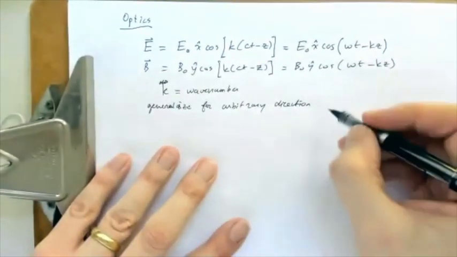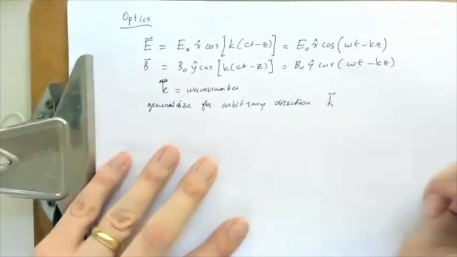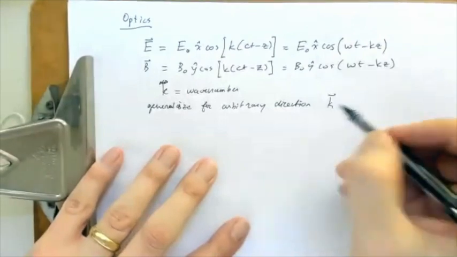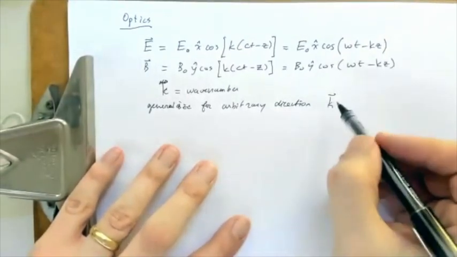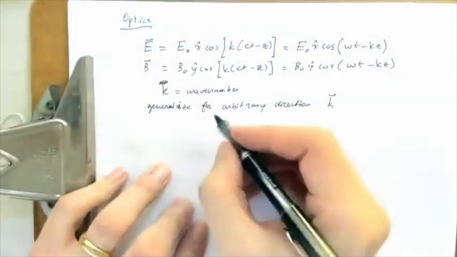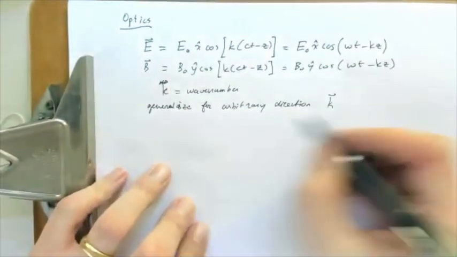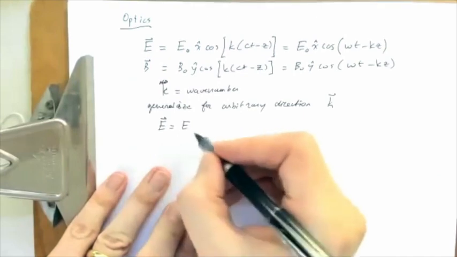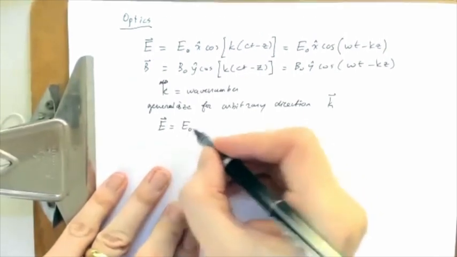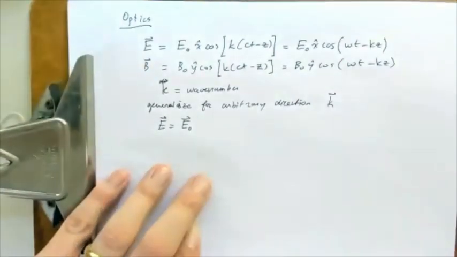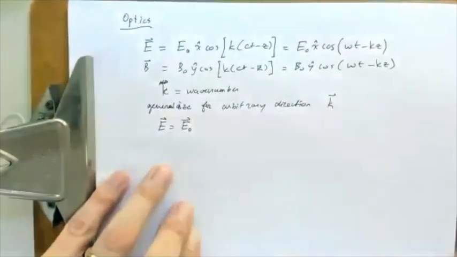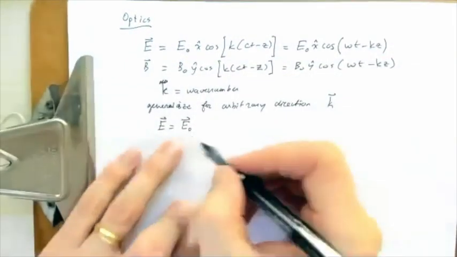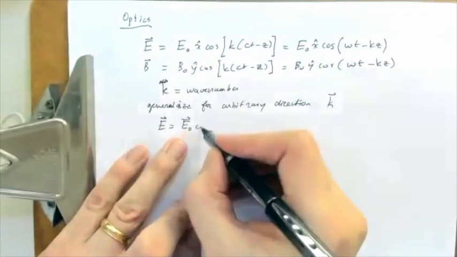What we'll use is the k vector, and the k vector is basically the direction in which the wave is traveling. Then we can say our E field has some prefactor E naught, but we don't know what that is because it needs to be perpendicular to k, and we don't know which k it is.